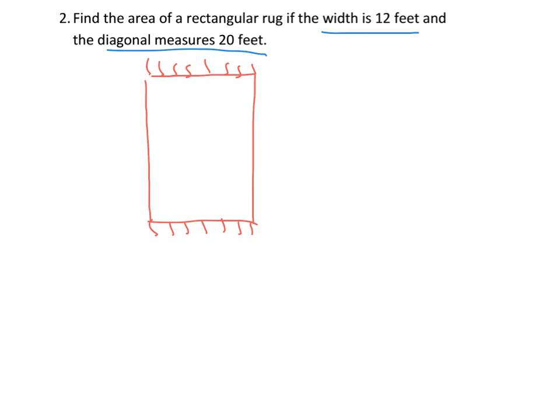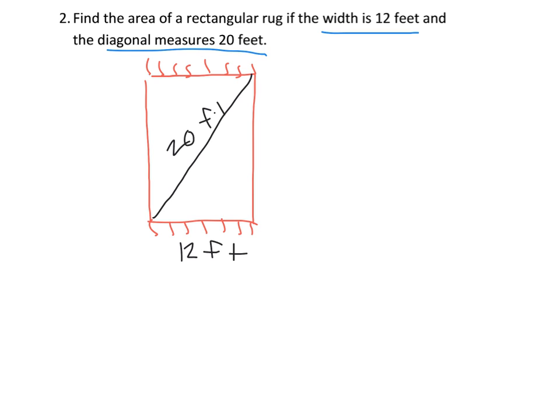Find the area of a rectangular rug if the width is 12 feet and the diagonal measure is 20 feet. So once again, we need a pretty picture. So there's the rug. Beautiful. I know. The width is 12, so 12 feet for the width. And the diagonal, let's draw that in, is 20 feet.